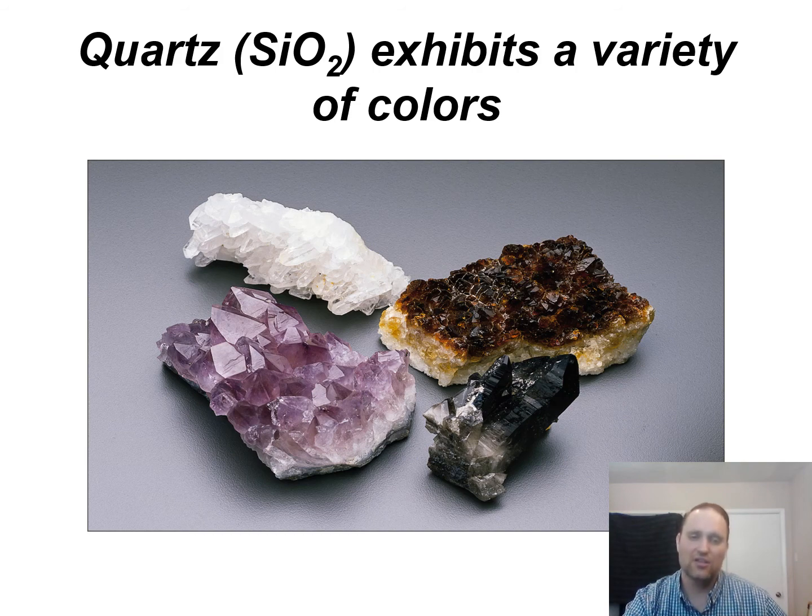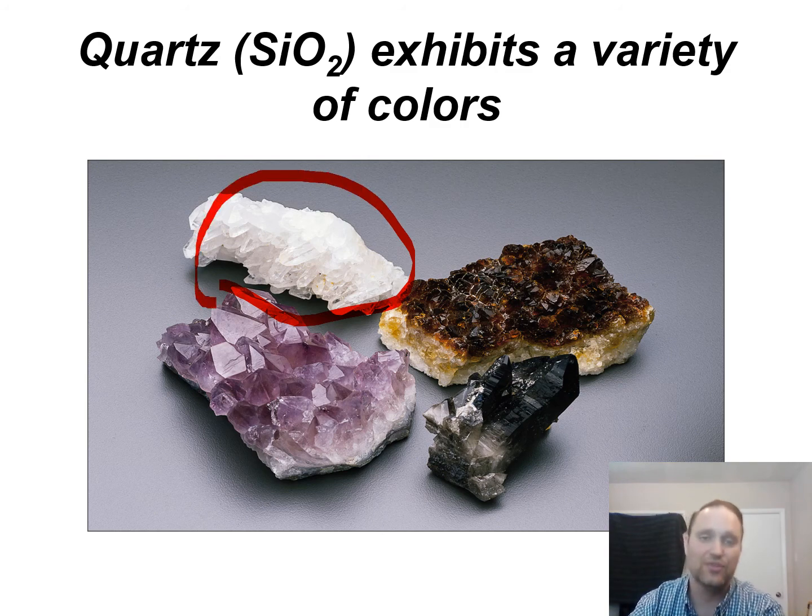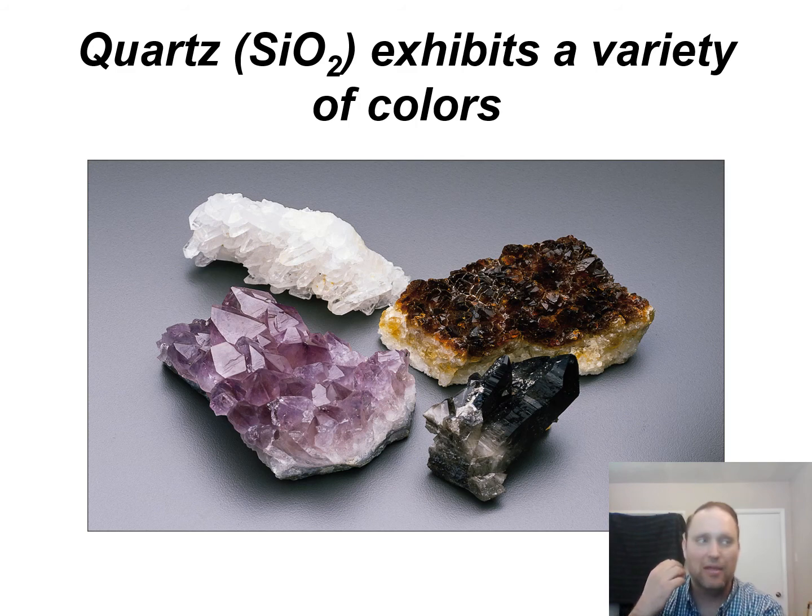Now the trick is also with quartz, and we see this for several other minerals as well, especially some gemstones, they can change color. And so if you have a piece of milky quartz and you expose it to certain types of radiation, it turns black. And so this basic process has been used, for instance, for safety badges for workers in nuclear plants.